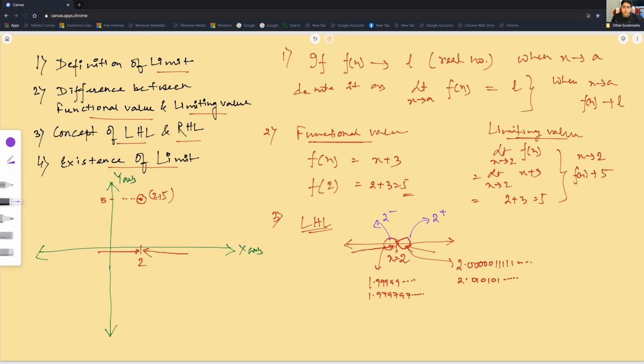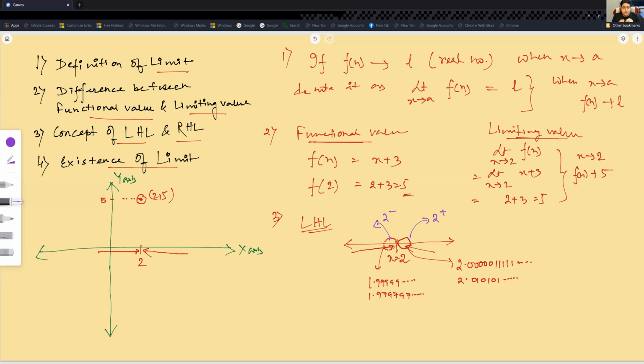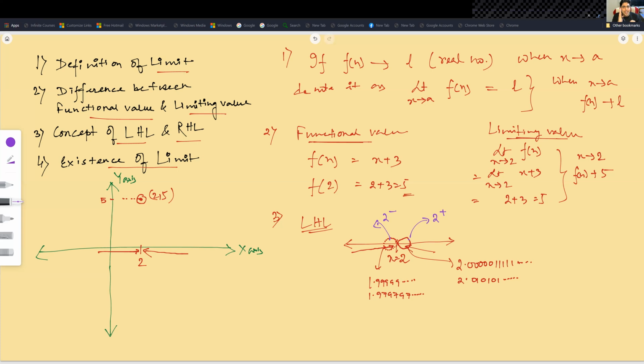So 2 plus or 2 minus are only notation. In short, all these cloud points have some distance from that exact point 2.